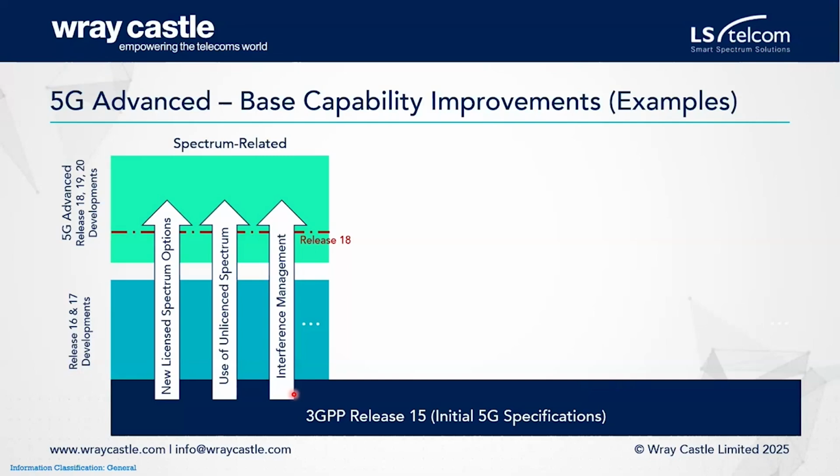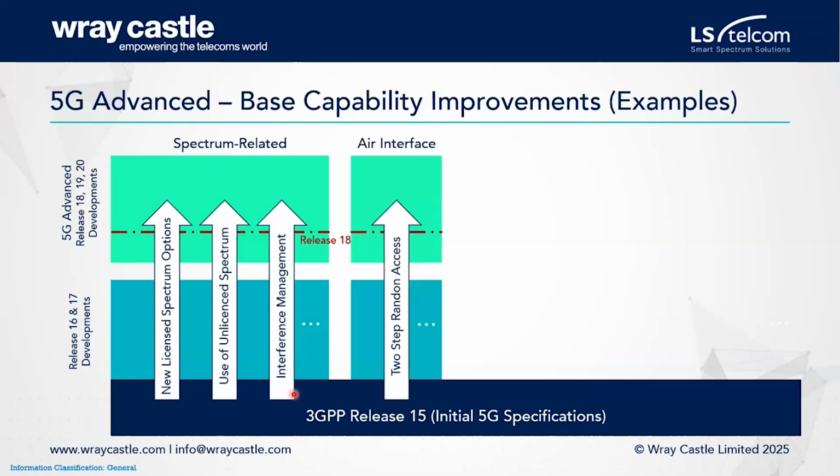We could look at the air interface, and we've got something called a two-step random access. What on earth does that mean? Well, if you're a radio engineer, you'll probably know what we're talking about there. If you're not a radio engineer, what I will say is that, for example, if we start introducing satellites into the system, so to connect into the 5G system via satellites, there's some real specific things we need to think about.